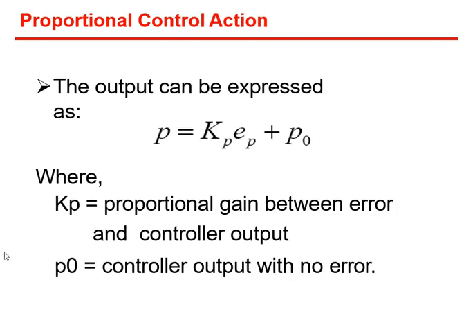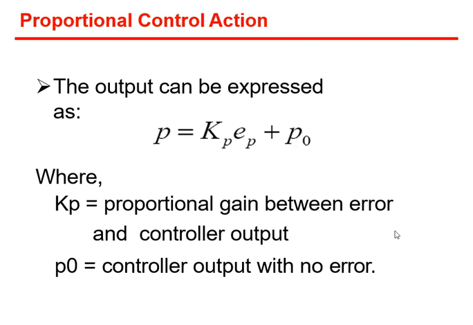If you see the mathematical equation, the output can be expressed as P equals Kp into Ep plus P out. Here P out is very important to understand: it is the control output with no error. There will be some actual output without applying any error, because it will not work wholly on the error signal. It will have some offset, or set output.